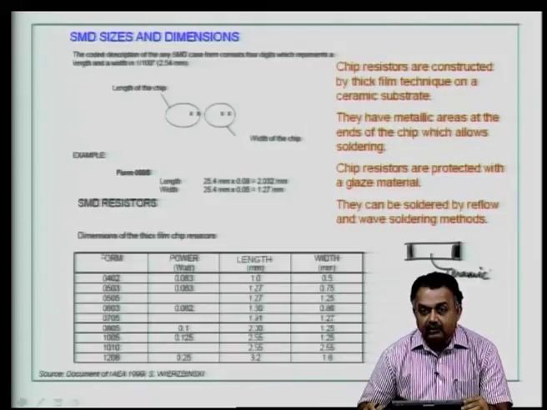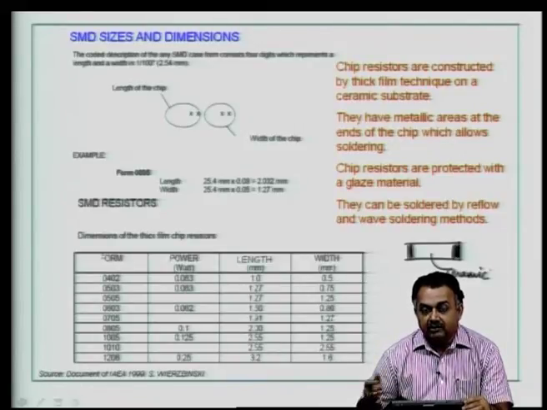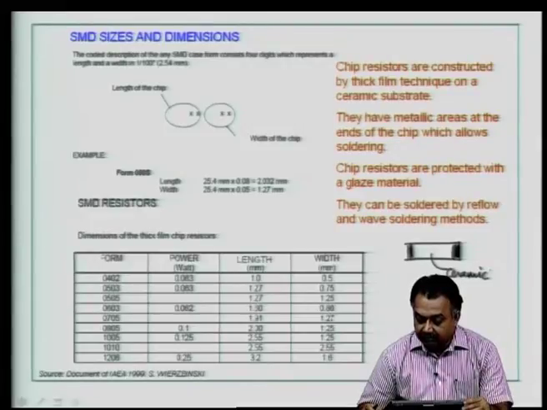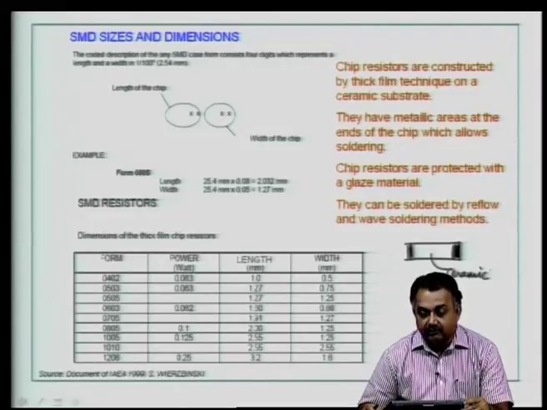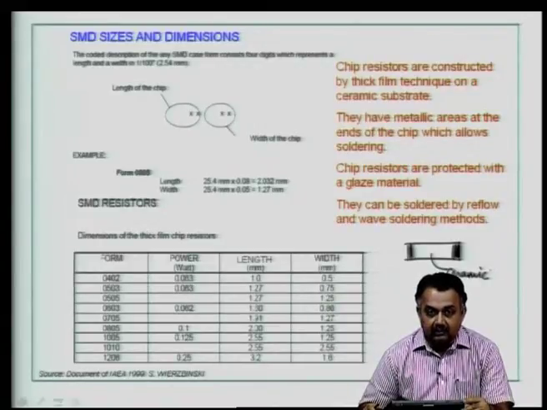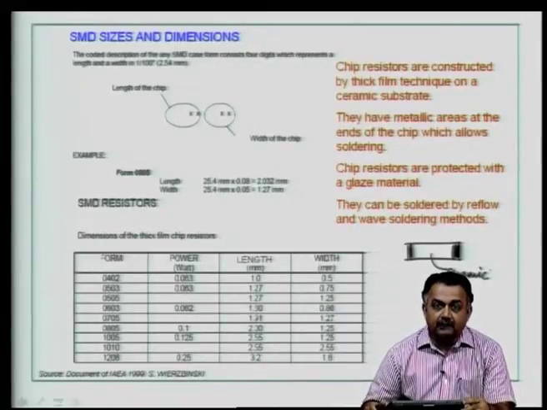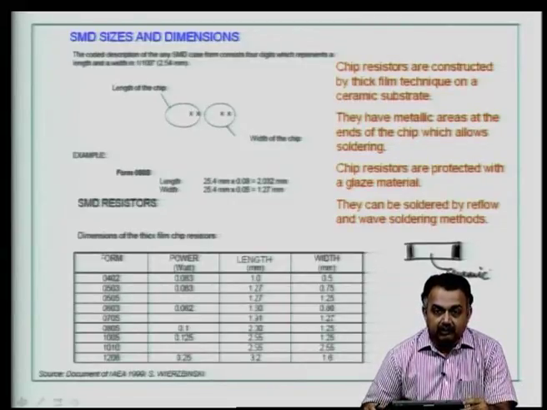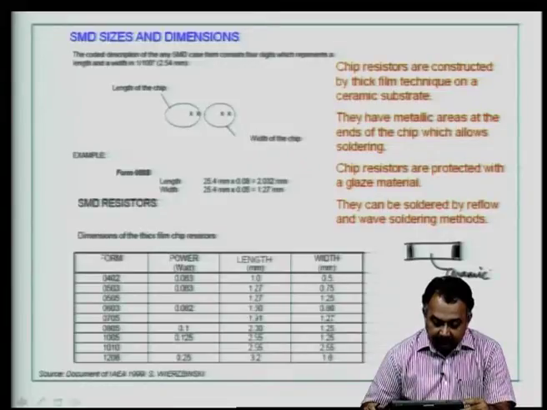The size again depends on the value of the resistor or the capacitor. Chip resistors are protected with a glaze material, and they can be soldered by reflow and wave soldering methods. So, we have seen how chip resistors and capacitors can be soldered by both reflow and wave soldering.